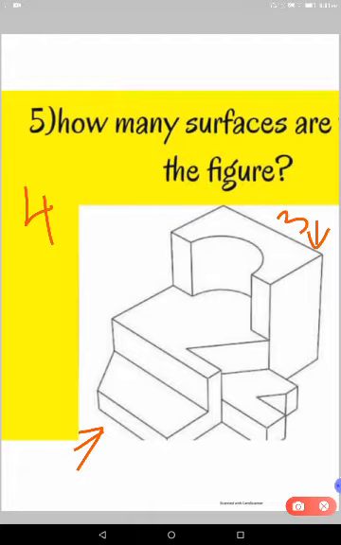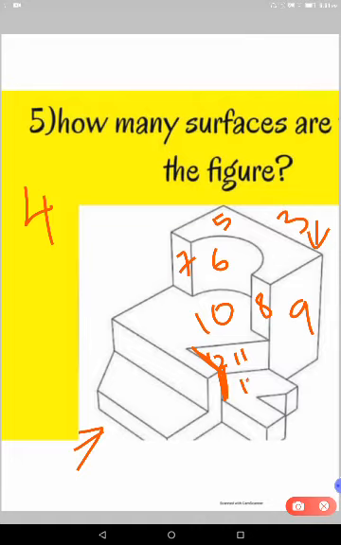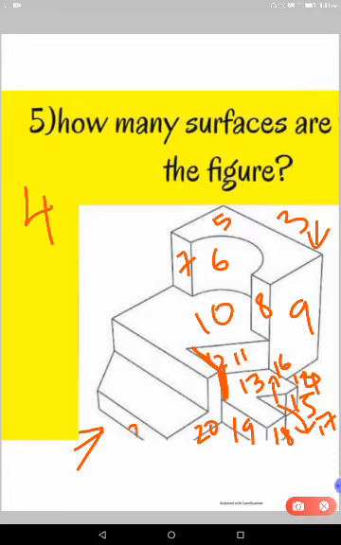Now the other surfaces are 5, 6, 7, 8, 9, 10, 11, 12. 12 is this, the surface including these two edges. 13, 14, 15, 16, 17, 18, 19, 20, 21, 22 and 23.